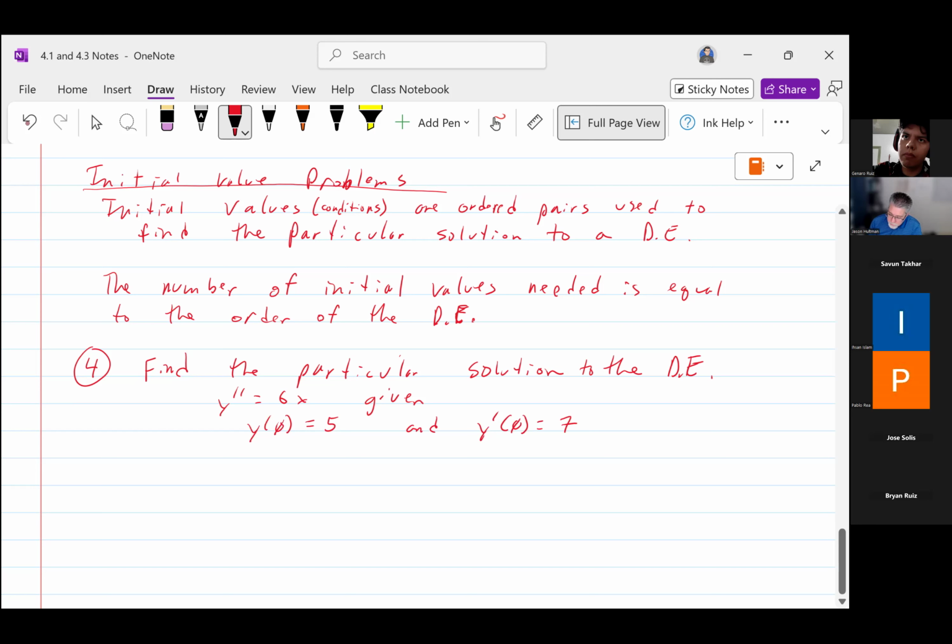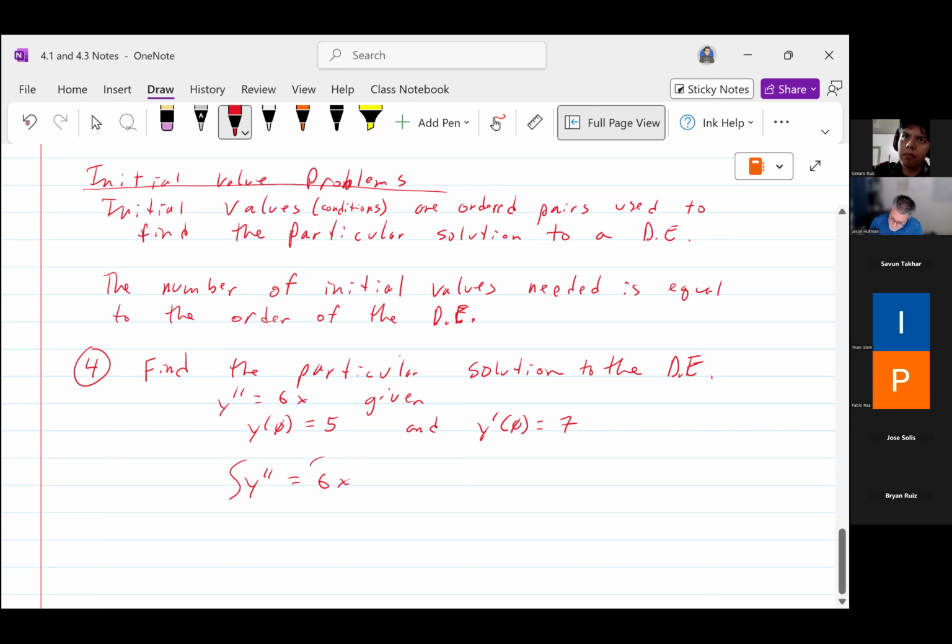So we're given the value of the function, and the value of the first derivative evaluated at 0, or the slope of the tangent line of the function at 0, in order to solve this second order differential equation.